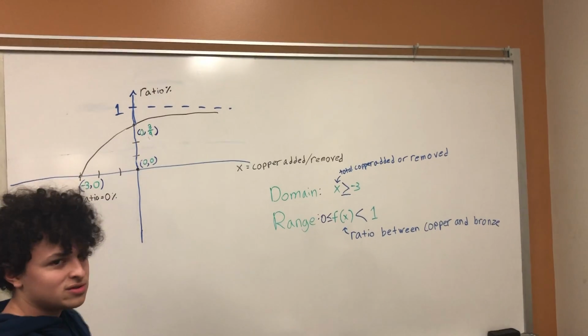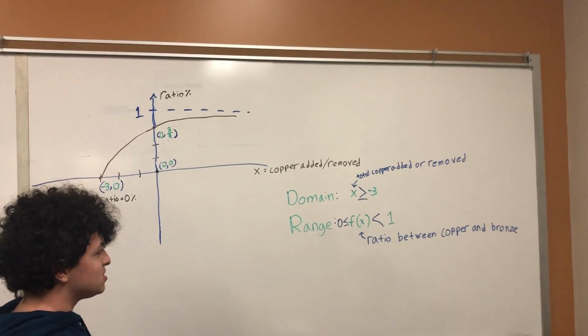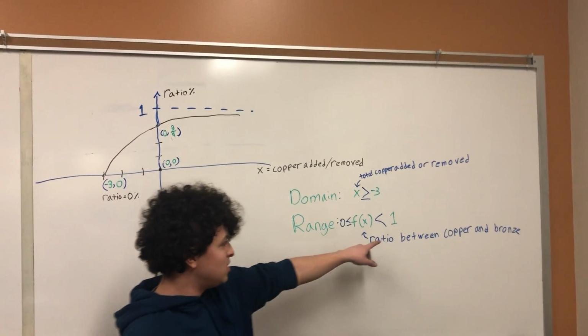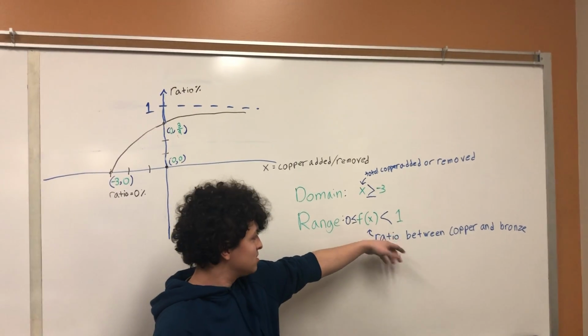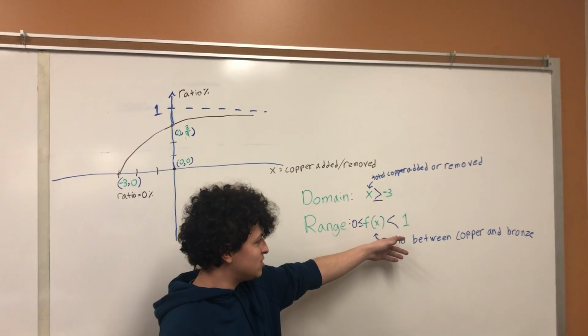So no matter what, you're always going to have tin in your mix, so it can never be 100% because of the tin. So it can never be 100% copper.